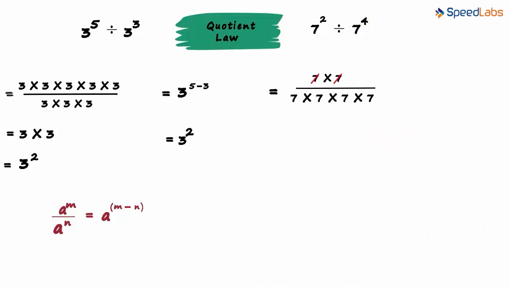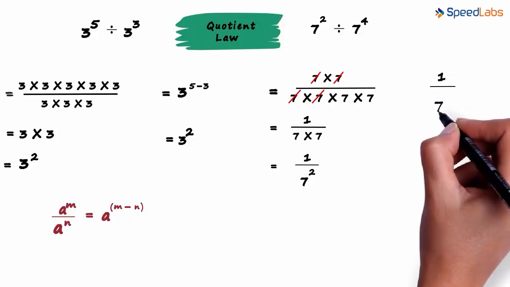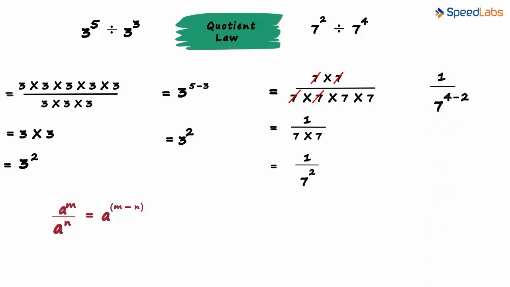Cancelling out two 7s from the numerator and the denominator, we get the answer as 1 divided by 7 raised to 2. The easier way to get to this answer is by writing this directly as 1 divided by 7 raised to 4 minus 2. This is also the quotient law, but it was a little different this time.